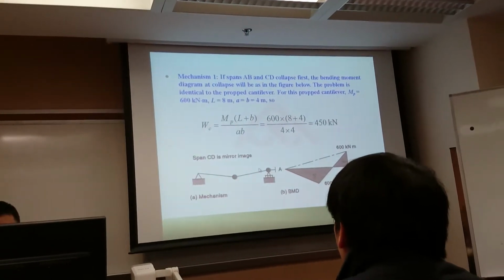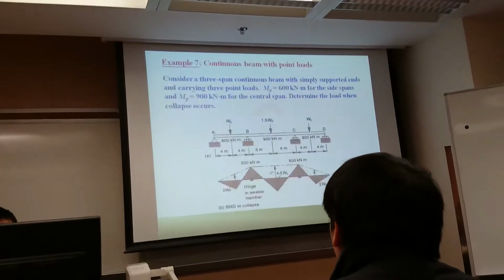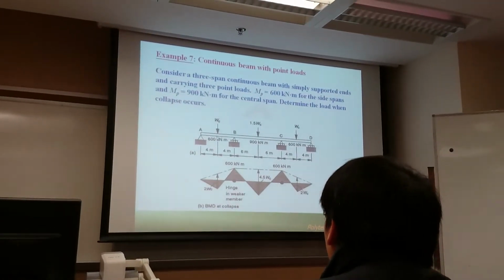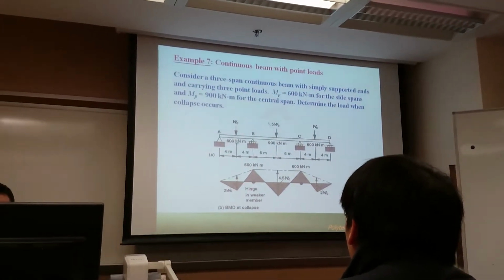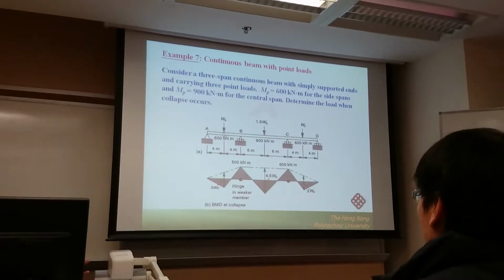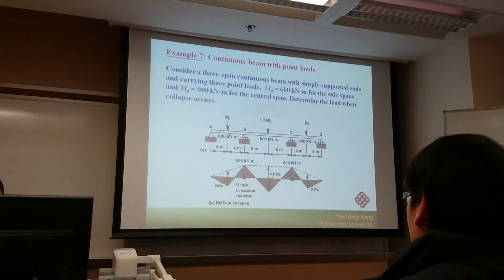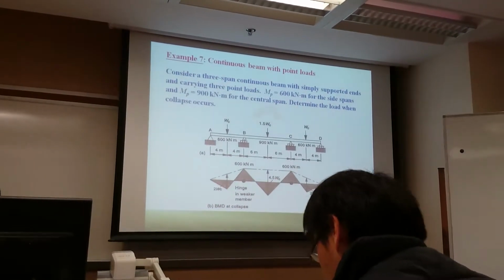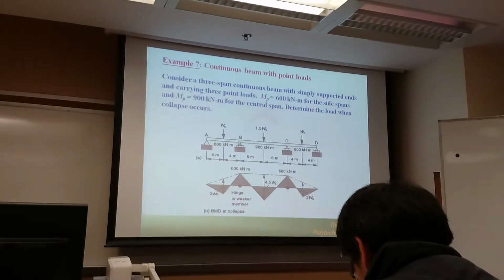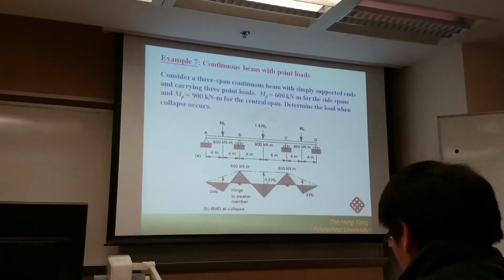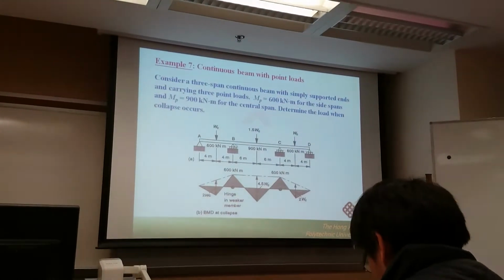I still have to mention several issues. For the first span, at the internal plus hinge, the plus moment must be equal to 600, because we only have one value. But at the plus hinge at point B, we have two values: one is 600 from the left side, and the other is 900 from the right side.